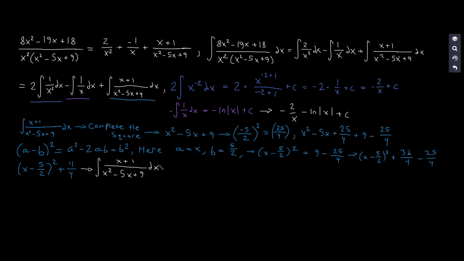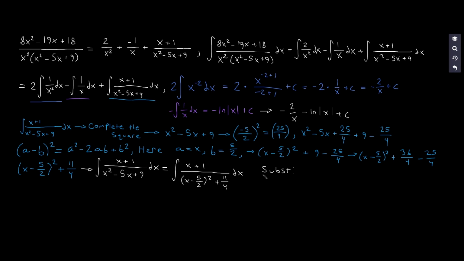And so this is actually going to be the indefinite integral of, well, the numerator is going to be x plus 1 still. And then we're going to grab our new denominator with a sign change right here: x minus 5 halves squared plus 11 over 4, integration with respect to x. And then we're going to have to do some substitution.